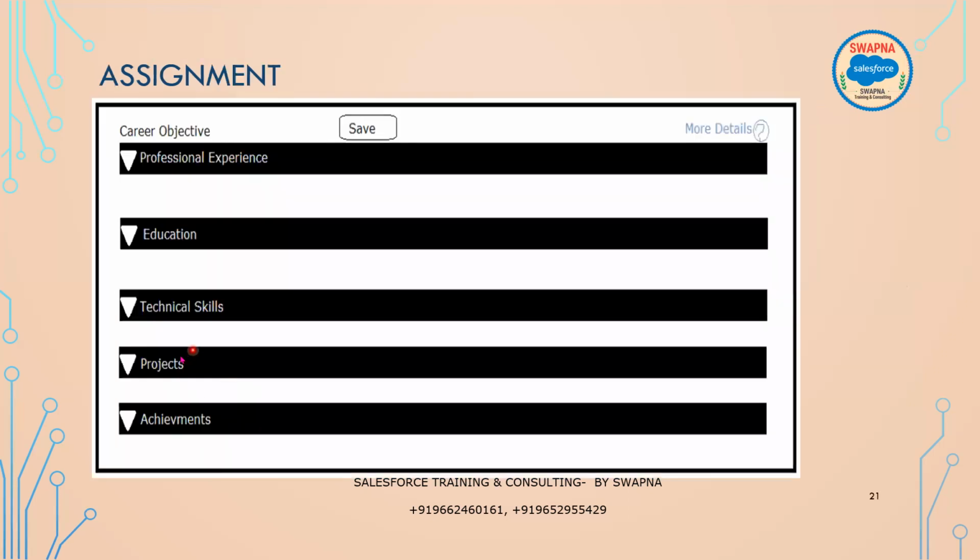Fine. So the homework assignment is this. You need to implement a Visualforce page. In the Visualforce page, you have a career objective. In the career objective, implement a more details section, and the save button should be displayed on top center. And here: professional experience, education, technical skills, project achievement. Take notes of it, and I'll give another assignment.